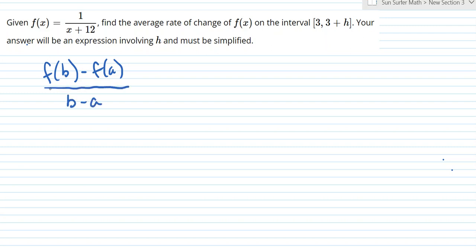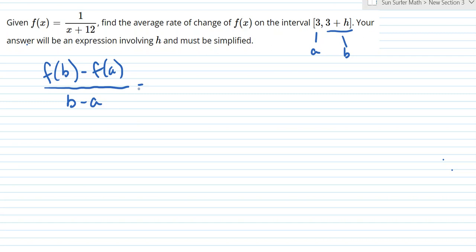In other words, the function value evaluated at the right endpoint minus the function value evaluated at the left endpoint divided by the right endpoint minus the left endpoint. So in this case, 3 is a and 3 plus h is b.